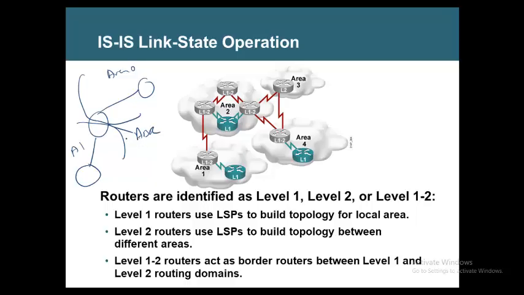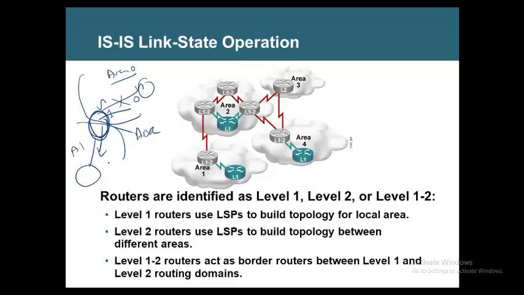Why? Because for this port to form neighbor with this port, both should be in the same area. If this is in area 1 and this is in area 0, they won't form neighbor in OSPF. So you need to make this router a part of area 0 as well as area 1.